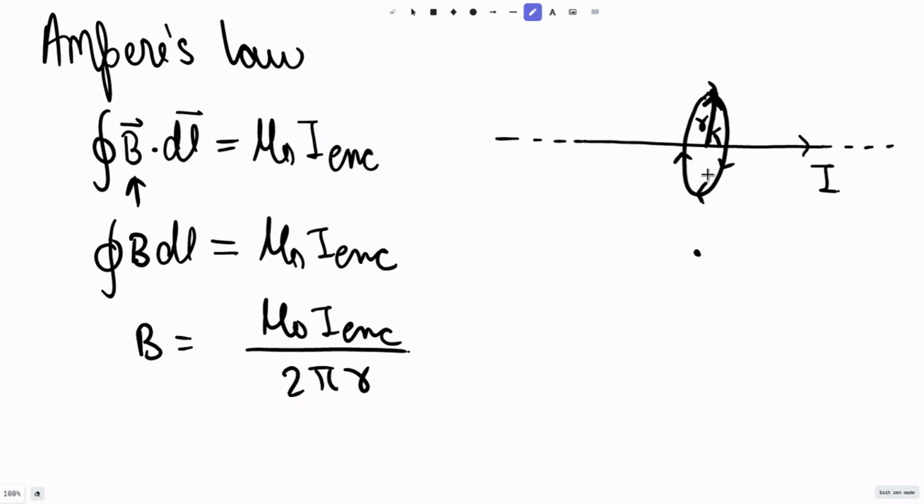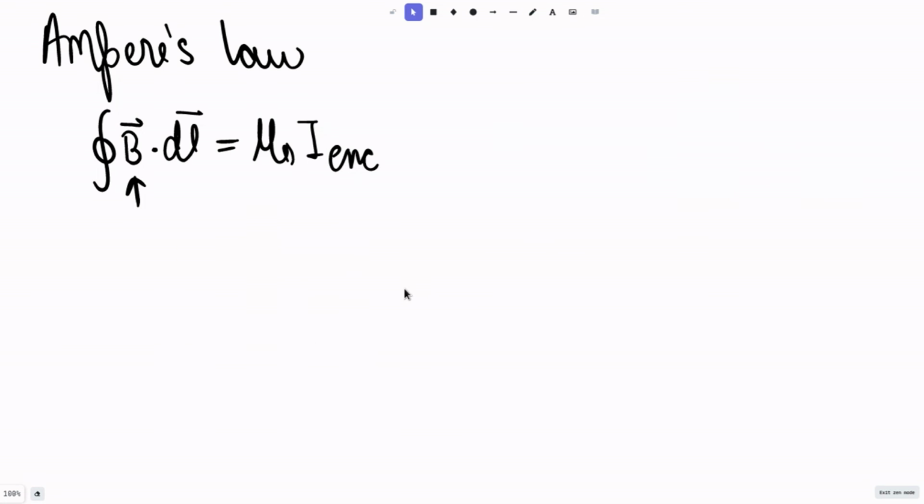If you want it till here, then you will extend r till here. So that is the magnetic field due to an infinitely long straight electric wire. See, Ampere's law is much easier to use, but it is not applicable everywhere.